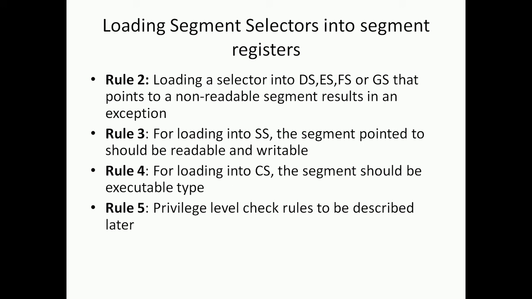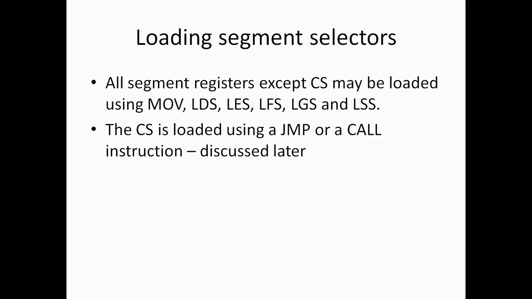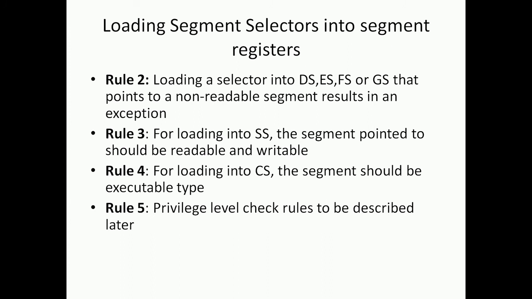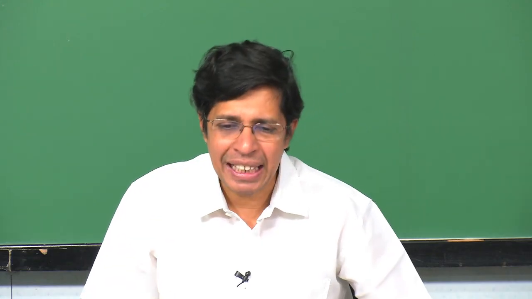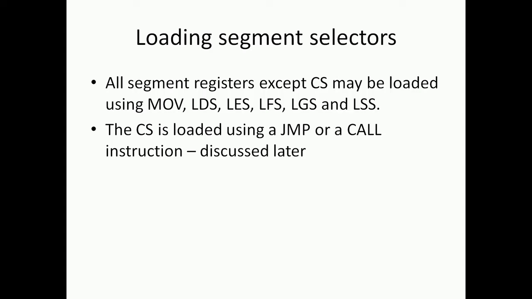The privilege level check rules will be described later in more detail, but already we know that if my current privilege level is K, I can load only something of privilege level greater than or equal to K. All segment registers except CS may be loaded using the move instruction, like move DS, something, or using LDS, the load data segment, LES, LFS, LGS, LSS. And CS is loaded using a jump or a call.